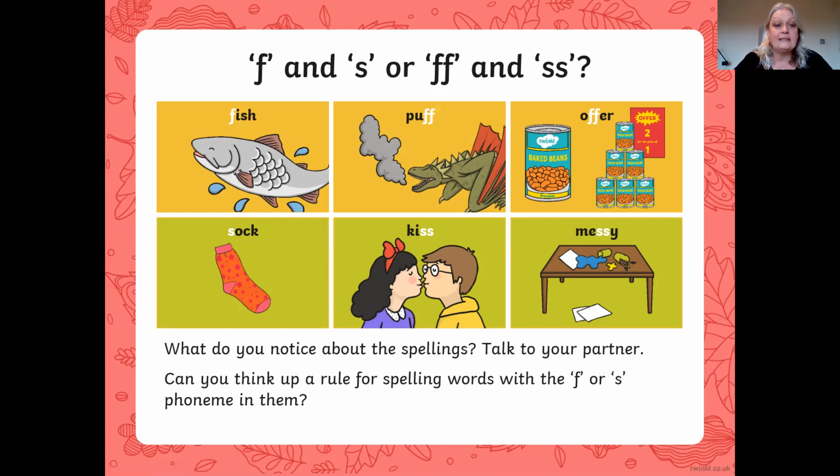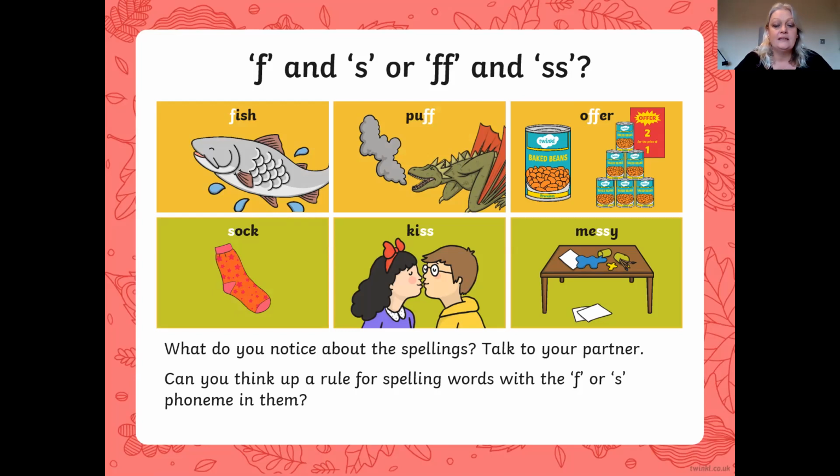Bus. So it's a single s sound because there's no vowel before it. Kiss, k, i. There's the vowel. So it's followed by the ss digraph. Look at messy. Does the s have a vowel before it? It does, doesn't it? It has the e.